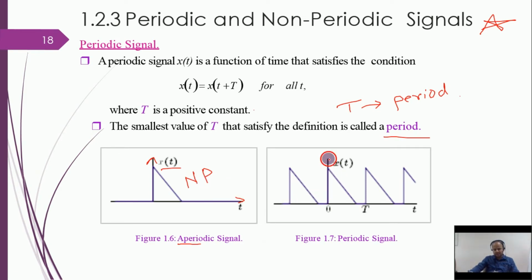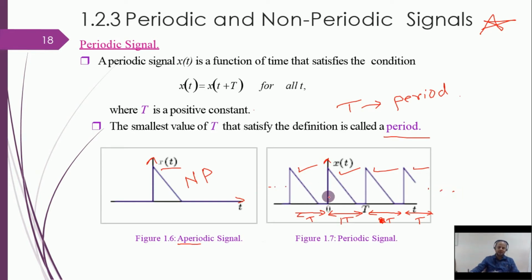Whereas in this signal, you can see that after every time T, the same signal is repeating. This is the first T, this is the second T, and again the next T. The same signal is repeating continuously in the same fashion.